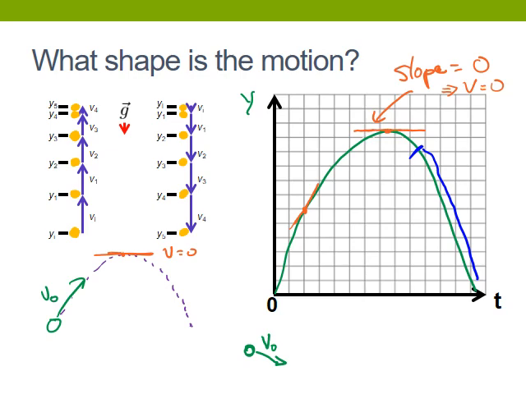Because we've already started with some non-zero velocity, and we're starting at our highest point, the shape of our curve will be the backside of this parabola, but we won't start off with a velocity of 0.